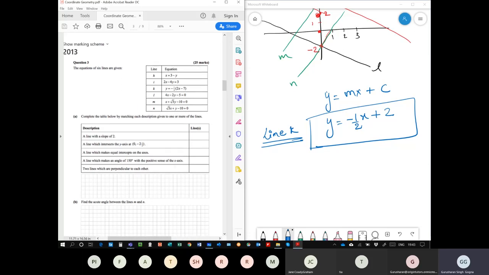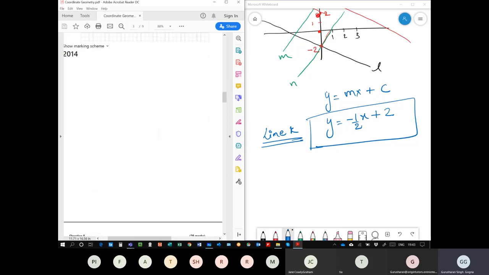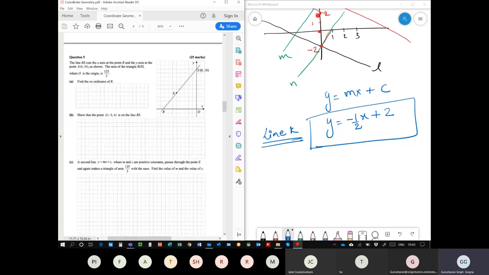So I'm not going to do this, but the logic is the same. So they can give you a number of lines with equations like this, and you need to match again which one is which. Okay, based on slope, based on point, based on equal intercept and all. So pretty much a similar question.